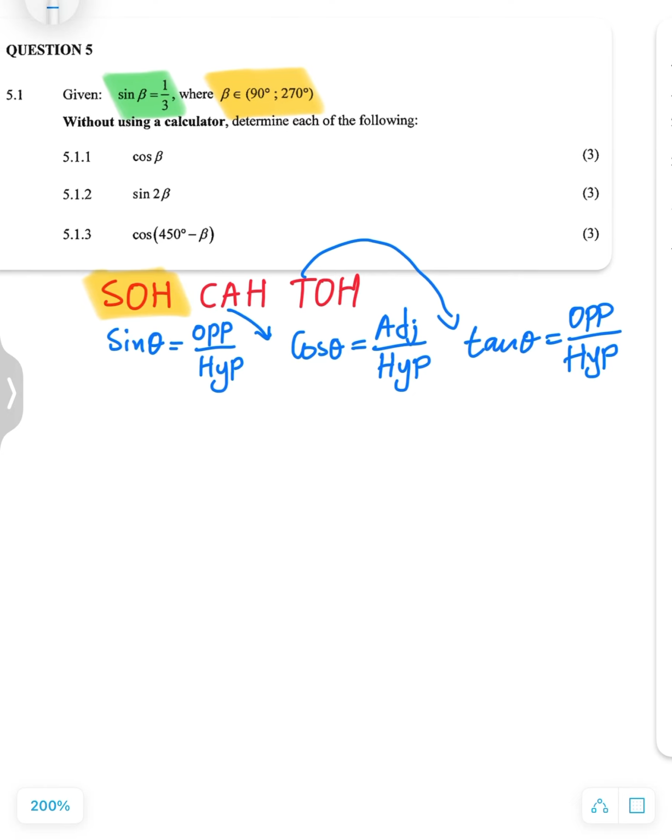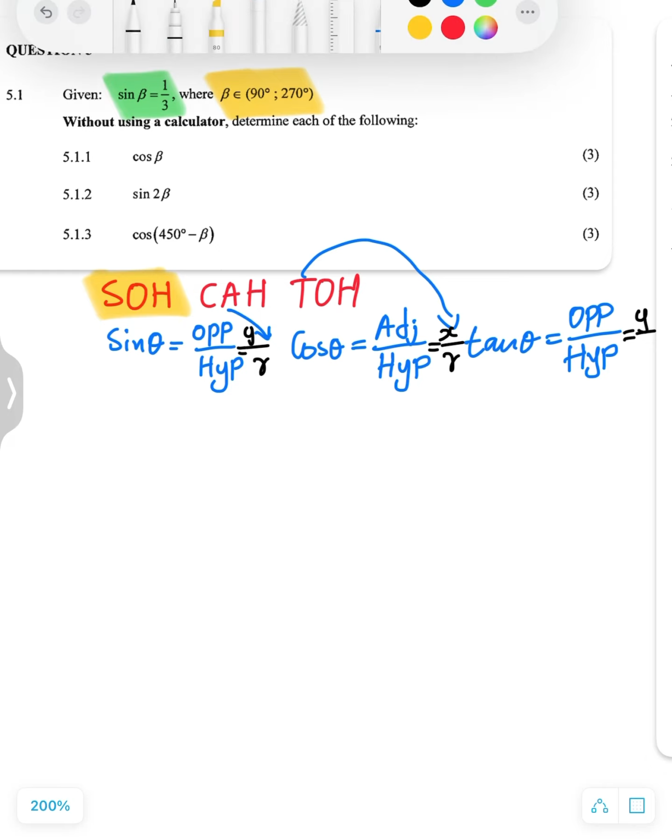Just note that opposite will always be y, and then hypotenuse will always be represented with r, and the same, adjacent will be represented with x, and then hypotenuse again r, and then lastly opposite again we said y. So I made a mistake here. It's supposed to be adjacent, not hypotenuse.